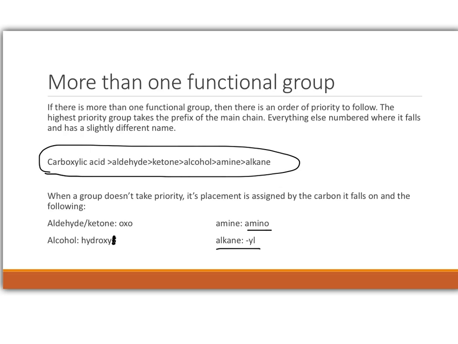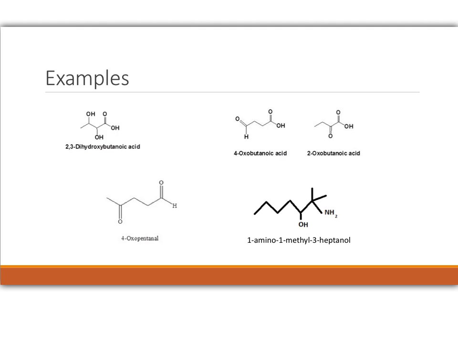Okay, so let's see how this actually works. Here are some examples for you. The ones at the top are what happens when you have a carboxylic acid. A carboxylic acid is always going to take on the end of the name, the one with the main chain length, because it has first priority. So a couple examples of carboxylic acids.